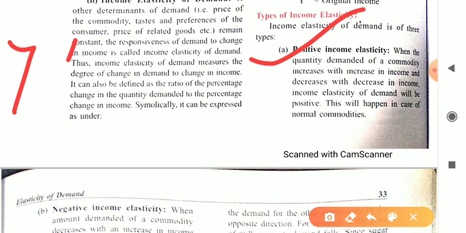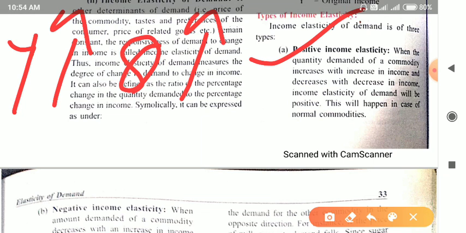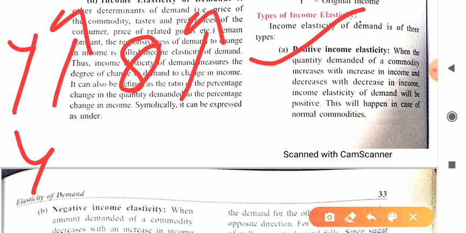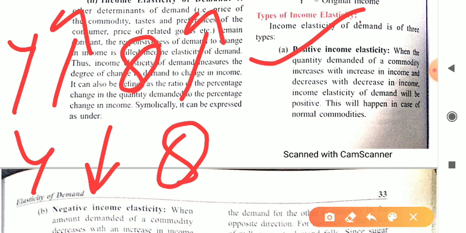We can write that when income Y increases, quantity demanded increases, and when income decreases, quantity demanded decreases. So this shows a direct relationship between income and quantity demanded. Okay, so this represents positive income elasticity.